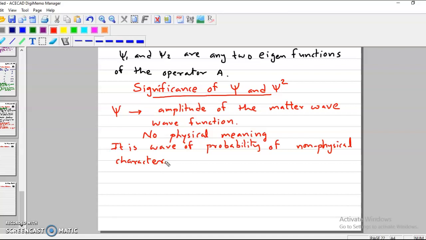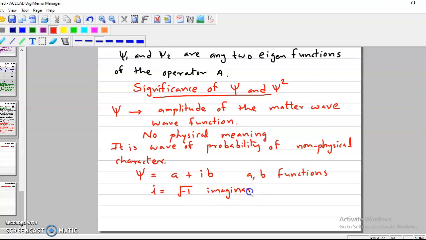The symbol psi is usually used to denote the wave function of an electron, and very often psi contains the imaginary quantity i. So psi is basically a plus i b, suppose we write like this, where a and b are functions. But what is i? i is equal to under root minus 1, and this is an imaginary value.